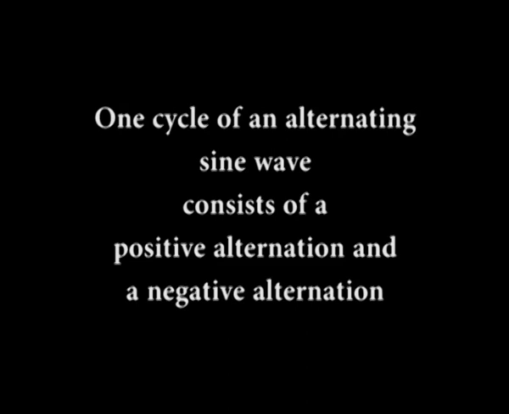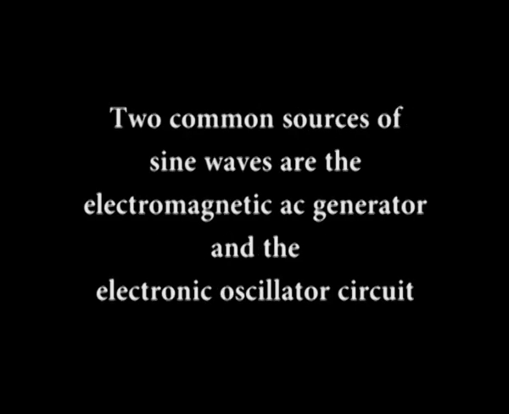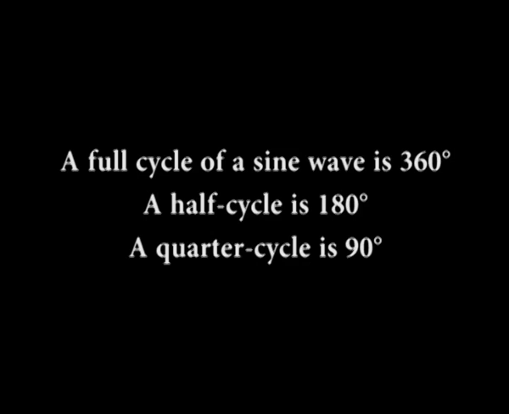One cycle of an alternating sine wave consists of a positive alternation and a negative alternation. Two common sources of sine waves are the electromagnetic AC generator and the electronic oscillator circuit. A full cycle of sine wave is 360 degrees, a half cycle is 180 degrees and a quarter cycle is 90 degrees. So that is it for today.